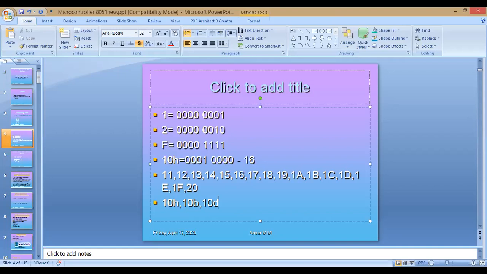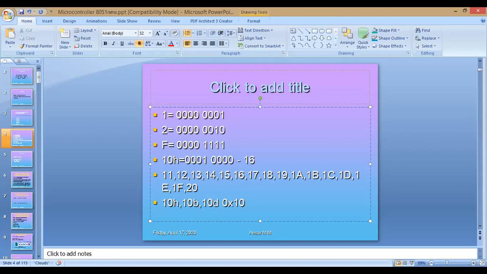Numbers are represented in different ways, and one important thing is that in programming we sometimes use another way: 0x. 0x10 indicates the hexadecimal number 10. If you have to represent a hexadecimal number, before writing that number you can use 0x, then that number will be a hexadecimal number.